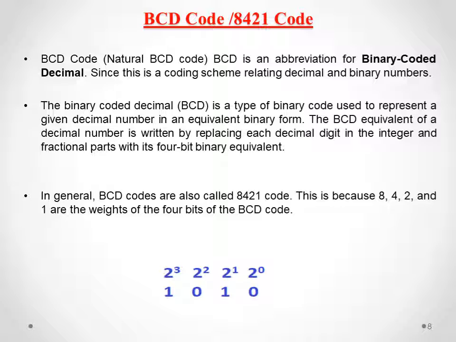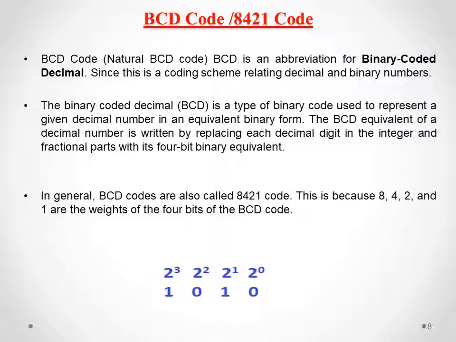First, let's see about BCD code, or otherwise 8421 code. BCD is an abbreviation of binary coded decimal. That is a coding scheme relating decimal and binary numbers. This BCD is a type of binary code used to represent a given decimal number in an equivalent binary form.